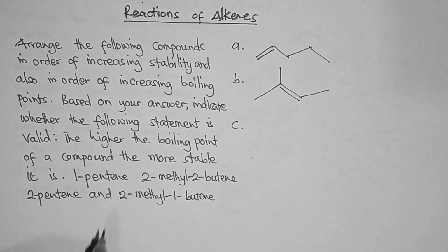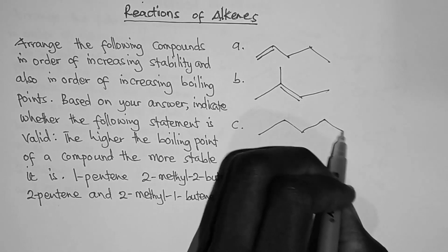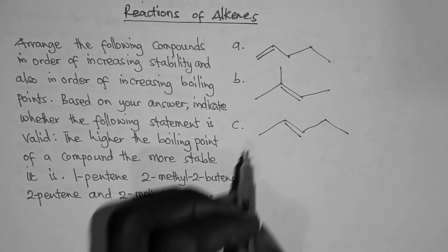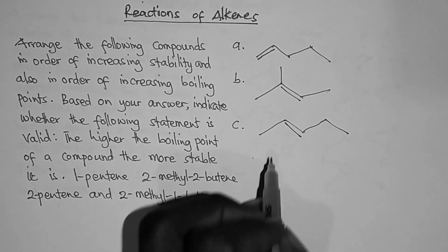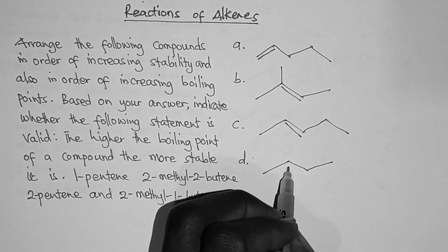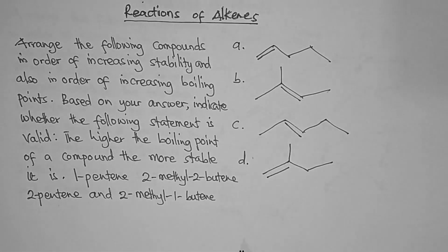And then C is 2-pentene. So this is the structure of 2-pentene. And then the last one is 2-methyl-1-butene, which is D. So we have a 1-butene and then a methyl group on carbon number 2. So these are the structures of the various compounds.